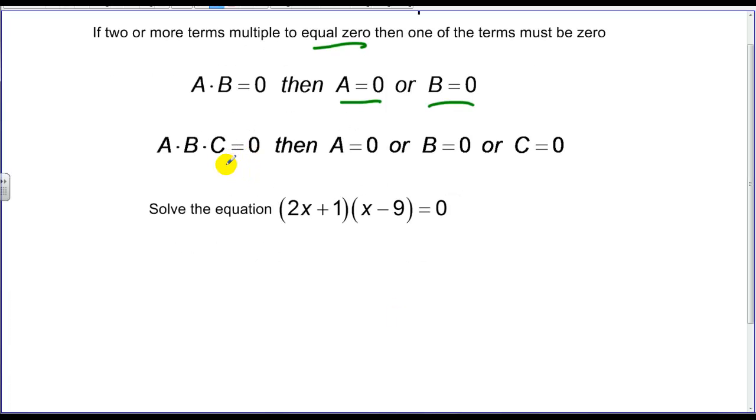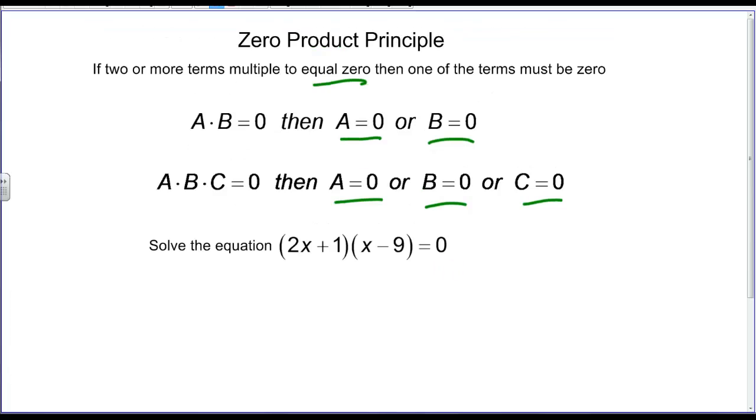Likewise, if I have three terms multiplying together to equal 0, then either a's got to equal 0, b's got to equal 0, or c's got to equal 0. One of those three. They could all equal 0, but one of them has to be that case. This is only going to be true when I have a multiplication of terms equaling 0. It will never happen, for instance, if I had something like a times b equals 1.